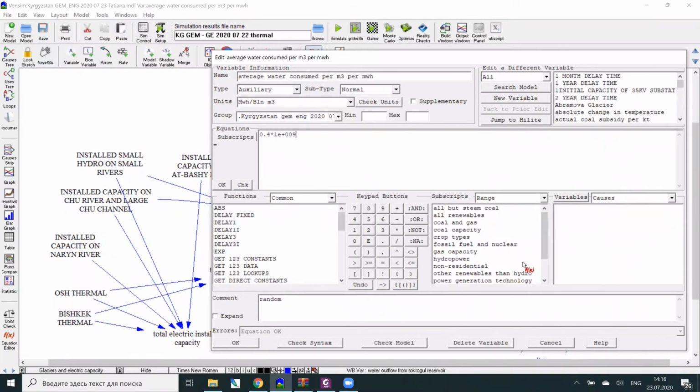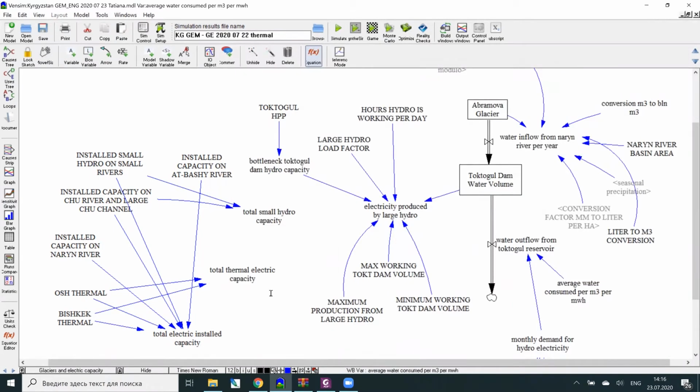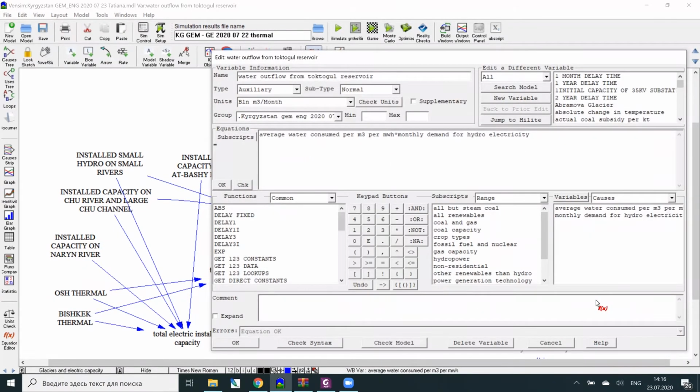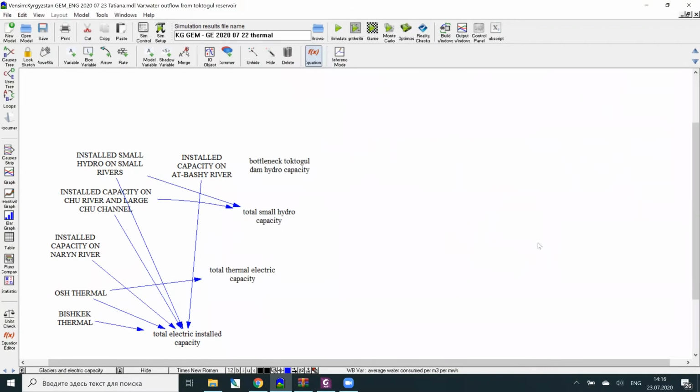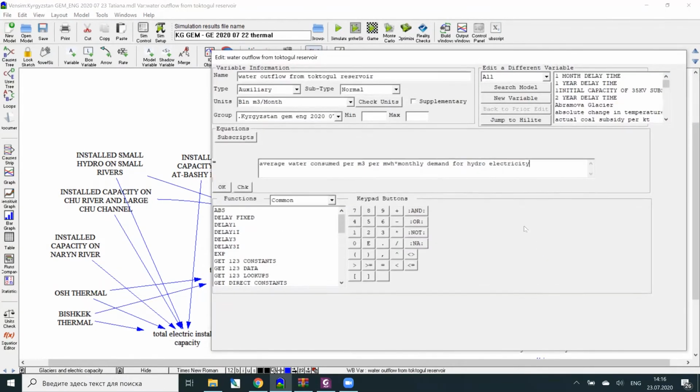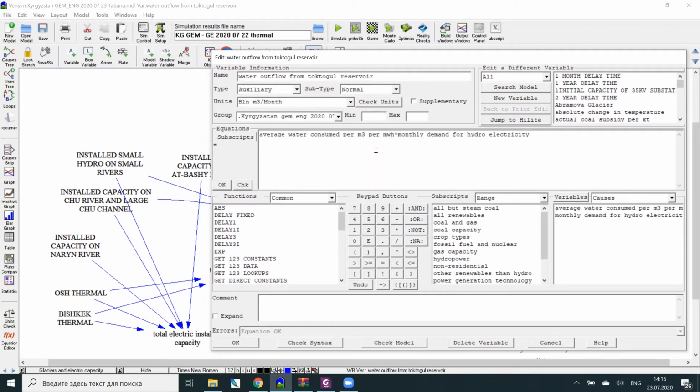So here you're multiplying 0.4 by a billion, so you end up with a large number. In the water outflow from the reservoir, what do you do? You multiply the average water consumed per megawatt hour, which is a large number as we've seen now, by the monthly water demand for hydroelectricity, which is also a large number, right?